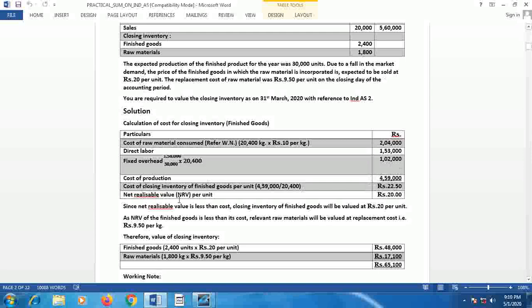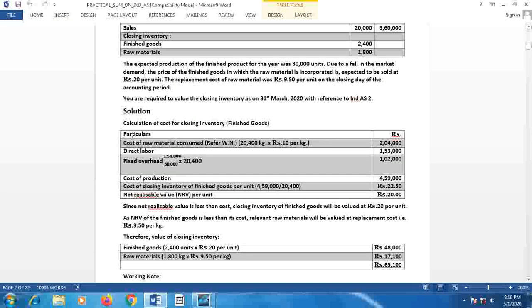As per Ind AS 2, expected selling price or cost of goods, whichever is less, has to be taken into account. Now the cost of production is 22 rupees 50 paise, and net realizable price or expected price is 20. Whichever is less, means 20 rupees per unit is the lower value per unit of finished goods. So that is taken into account.